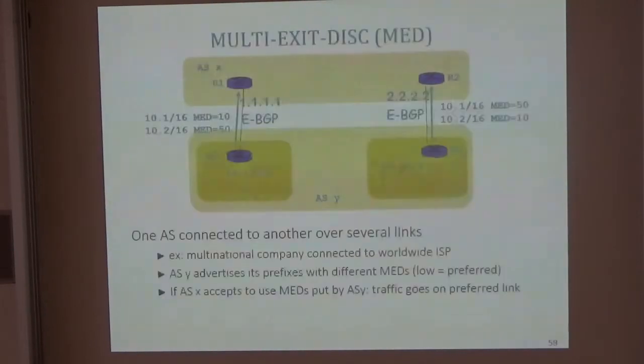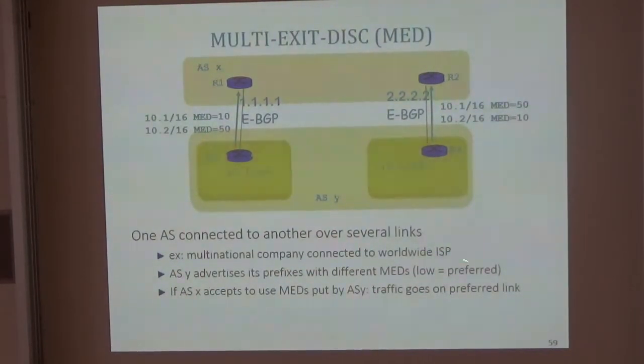I skipped some of the things, so there's more than 100 attributes in BGP. We won't see all of them, but we'll see some of the most frequently found. MED, multi-exit discriminator, is a kind of preference that is also given, that is also used, but this one is exported, is used by eBGP.